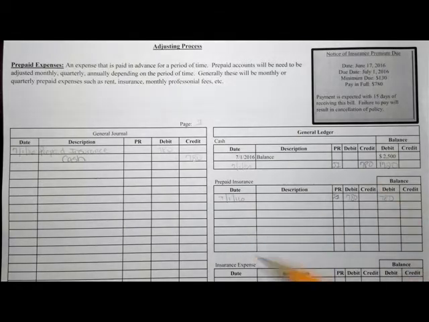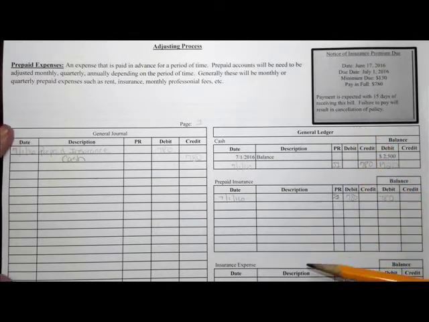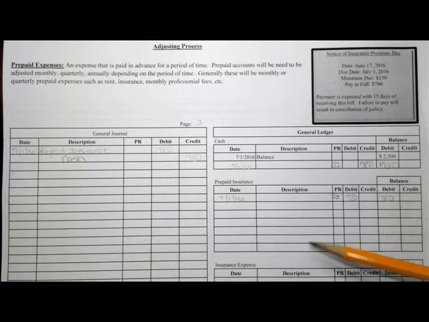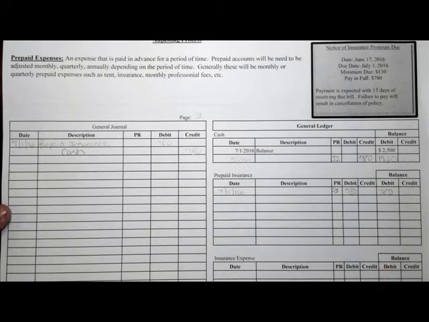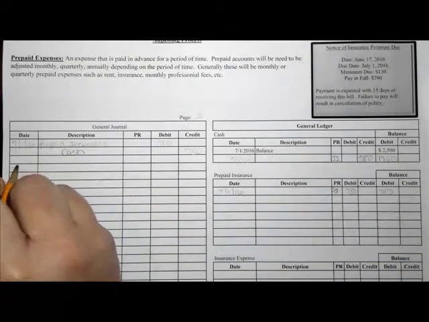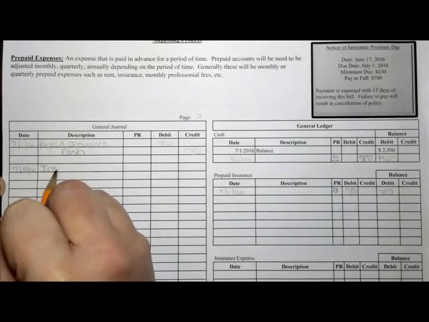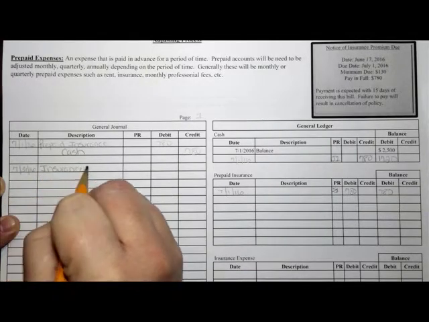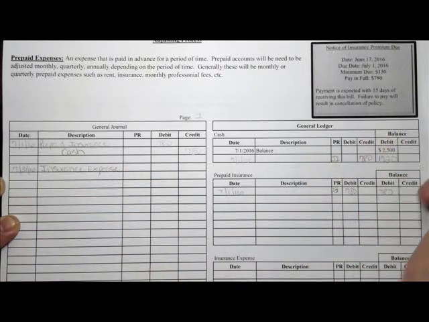Alright, so now we've recorded the payment of the prepaid insurance for 6 months. This account, prepaid insurance, is going to need to be adjusted per month so we can show the expense of insurance for the periods that it's actually occurring in. So on 7/31, we're going to debit insurance expense for $130.